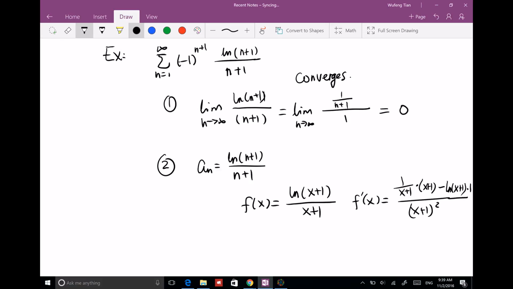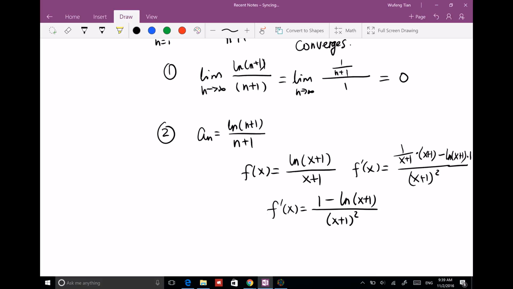Okay, that's very good. So you simplify that, equals... okay, then what do you got? Less than 0, not always, when x is greater than what number?